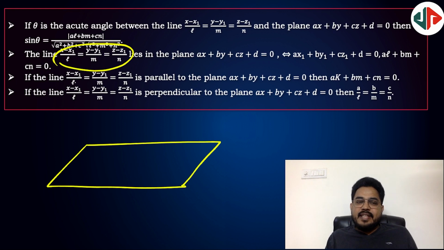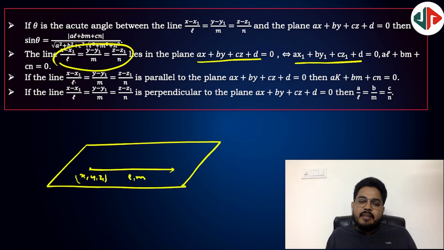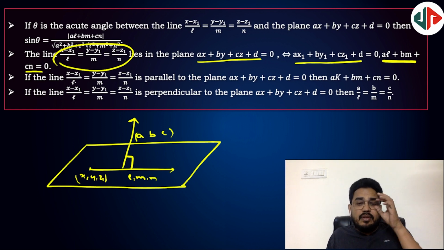That means this point x1, y1, z1 should be on the plane, so the plane needs to satisfy that point. And also the DRs of the line are L, M, N, and the DRs of the normal of the plane are A, B, C. So these two need to be mutually perpendicular: AL plus BM plus CN is equal to 0.